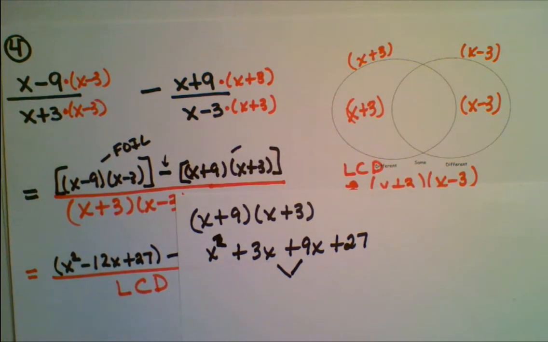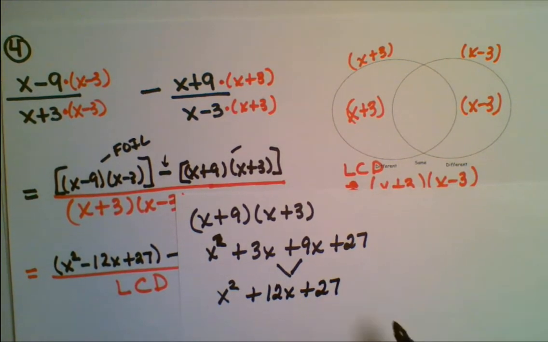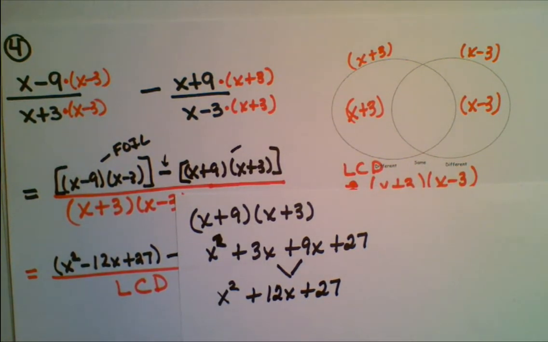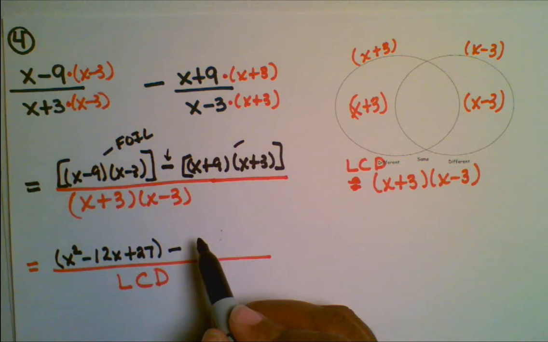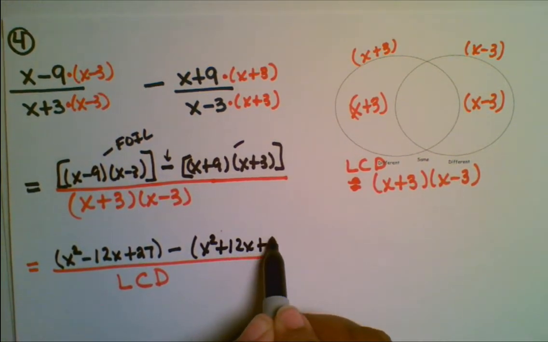And we're going to add the middle terms together. And we have x squared plus 12x plus 27. So that will be the solution to this binomial. X squared plus 12x plus 27.